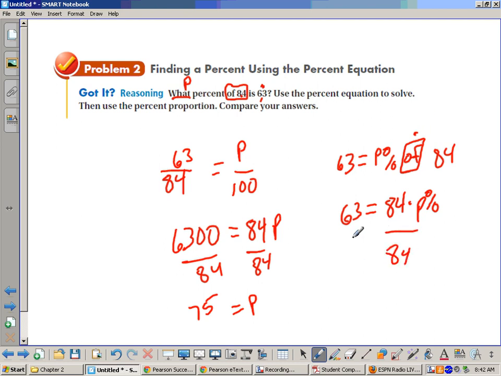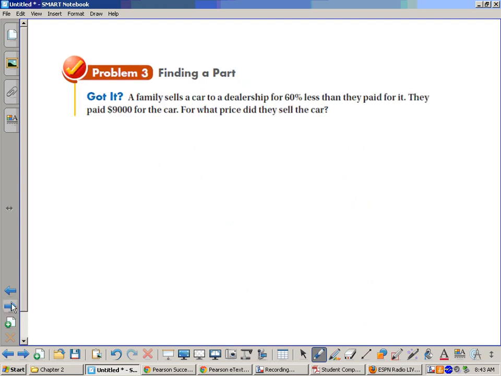We're going to divide by 84 just as we did on the other side. But in this case, we're going to get a decimal: 0.75 equals P. Anytime we're working with percent problems, the P will most often be presented as a decimal, but we have to move it over by multiplying by 100 anytime we're trying to find the percent. So our percent is 75, just like we got over here. There's an example of using equation format or proportion. Either one gives you the same answer.